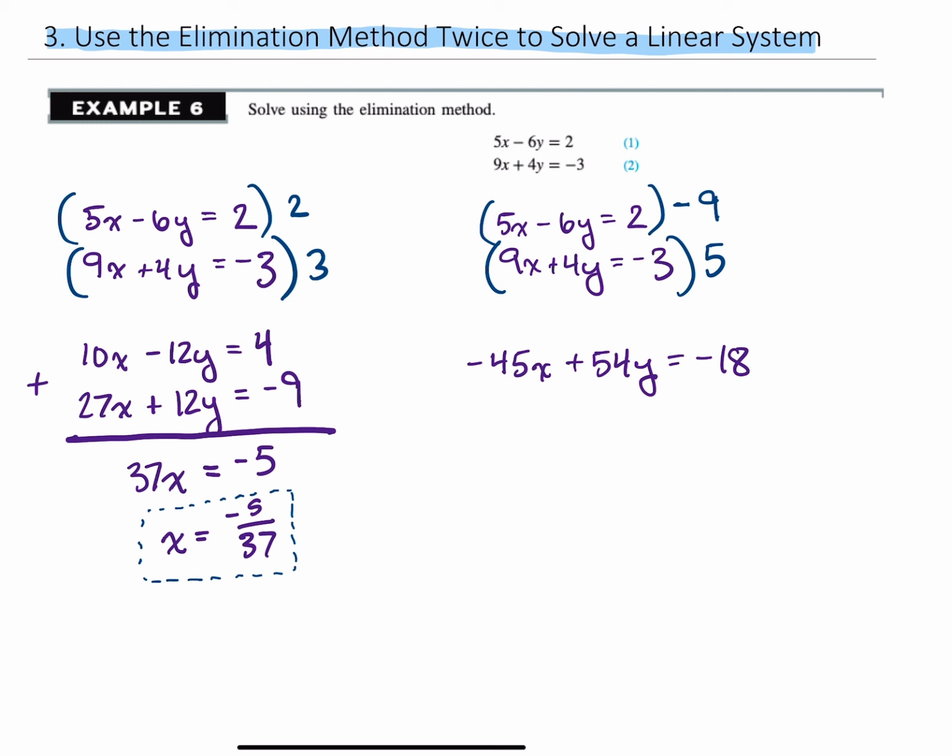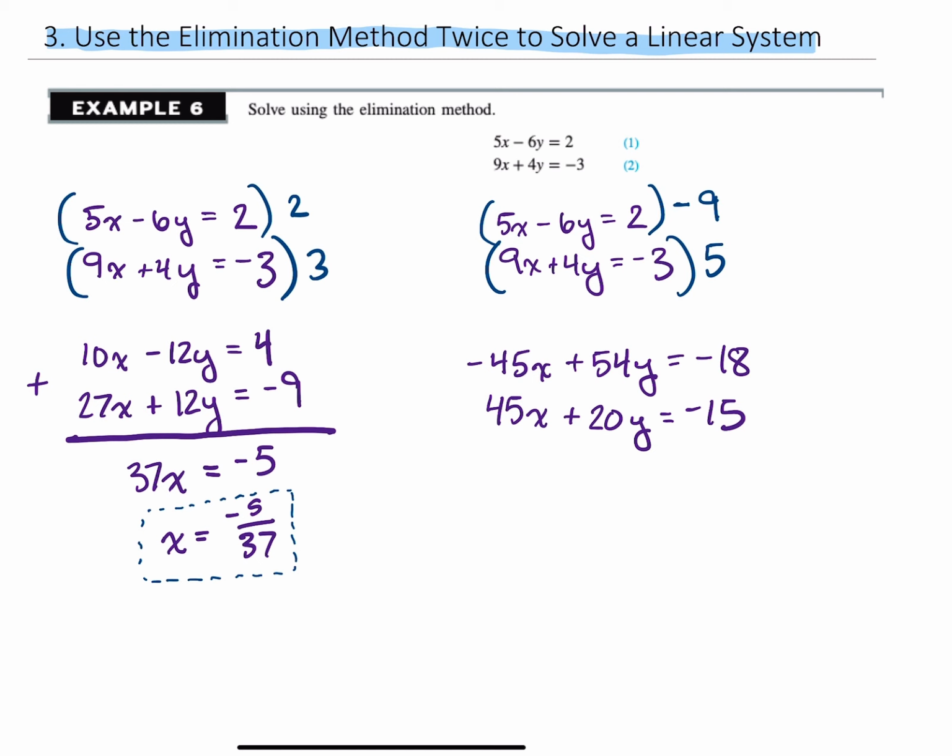Now for the second equation, we're multiplying everything by positive 5. 9 times 5 is positive 45x, 5 times 4 is 20, so plus 20y, and 5 times negative 3 is negative 15. So we have negative 45x and positive 45x.